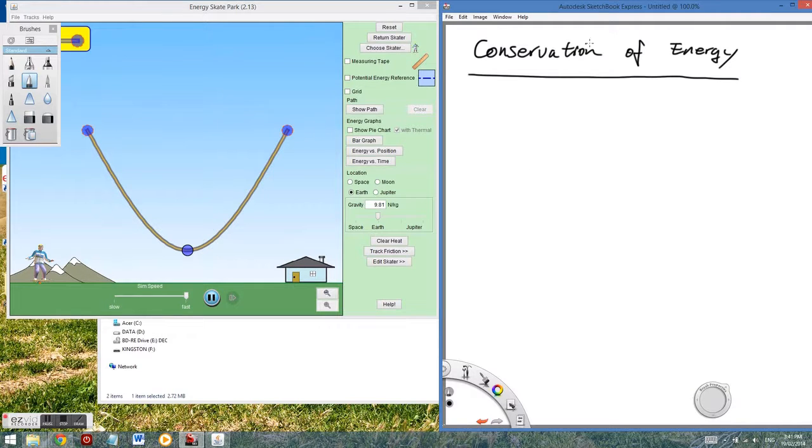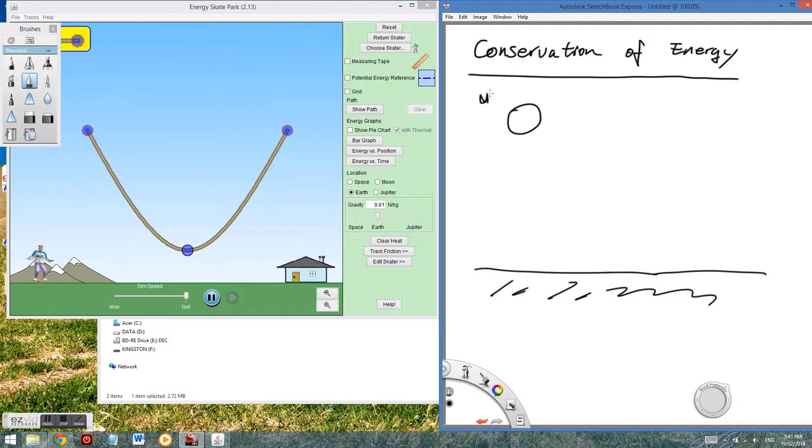I'll show you what I mean here. Say I drop a ball to the ground. Initially, it has a velocity of 0, so it does not have kinetic energy. Most of its energy will be potential energy.